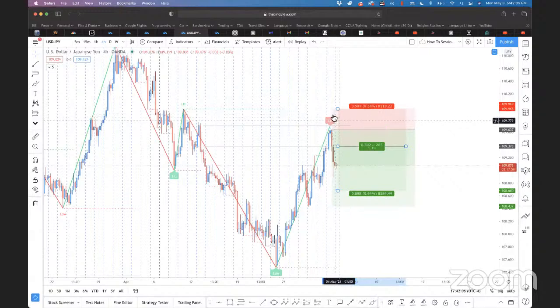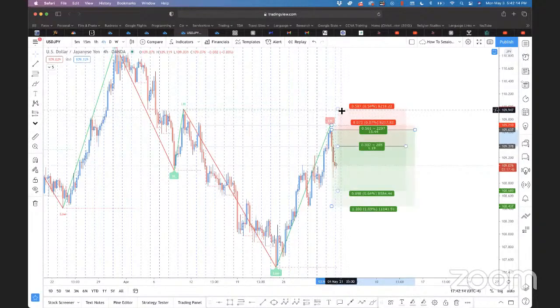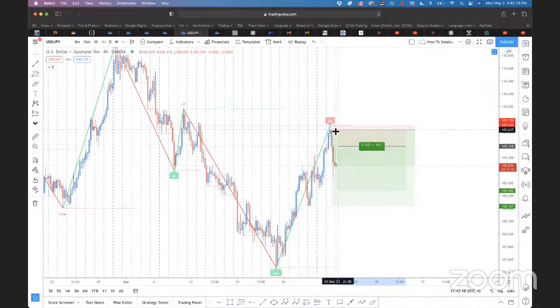In reality, you didn't even go into drawdown 5 pips. If you took it from here, you would have instantly gone in profit, but you had the potential to go into drawdown 30 pips at least.